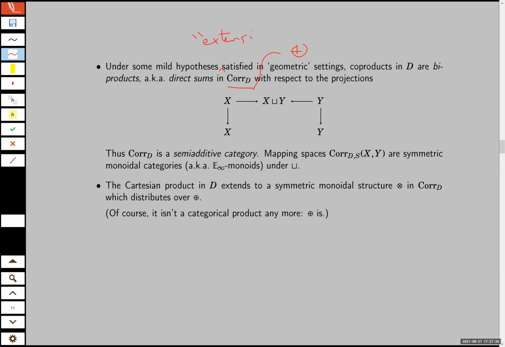It's not a very illuminating name. Basically it's that co-products are universal, meaning that you can pull back co-products. So I'll just write down the hypotheses because they're not very difficult. Co-products are stable for pullback.